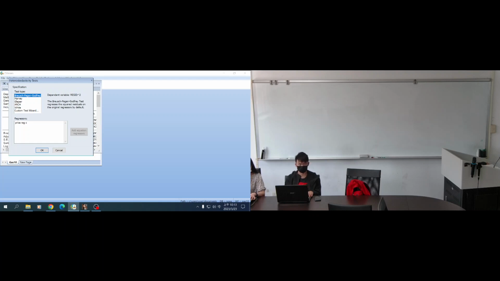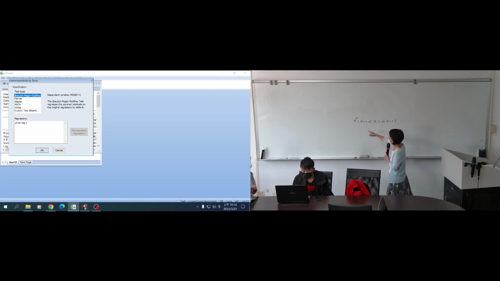The first one, the BP test, if you have the textbook, looks at the relationship between the square of the model's residual and the original x1 and x2. We want to see whether the residual from the output still has a relationship with the original x1 and x2, because according to the OLS model, the residual shouldn't have any relationship with x1 and x2.